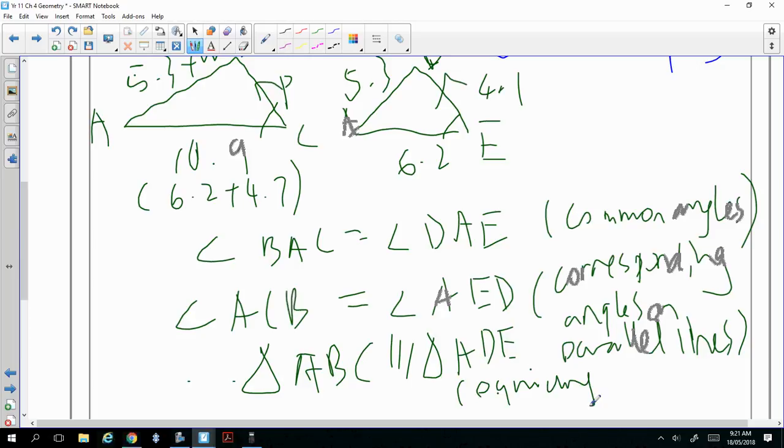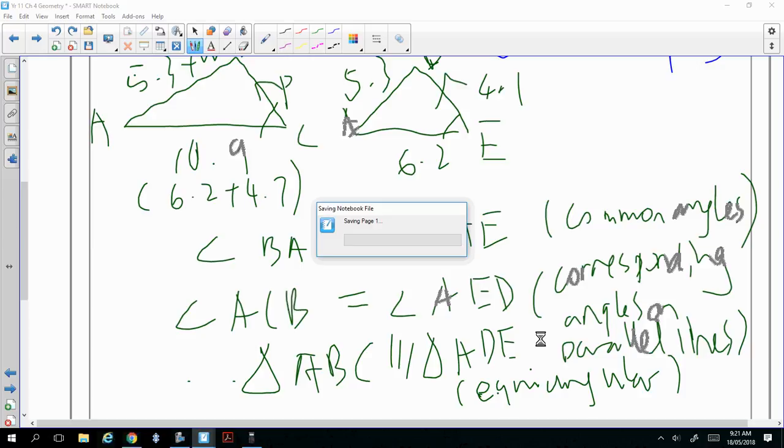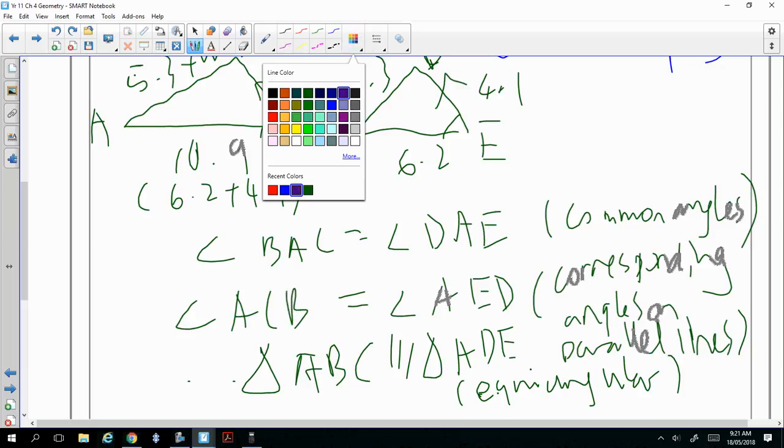And then we can use the ratio of matching sides in similar triangles. Similar triangles are a bit hard. So now let's find out what P is. Now we're ready to work out P. P matches 4.1.